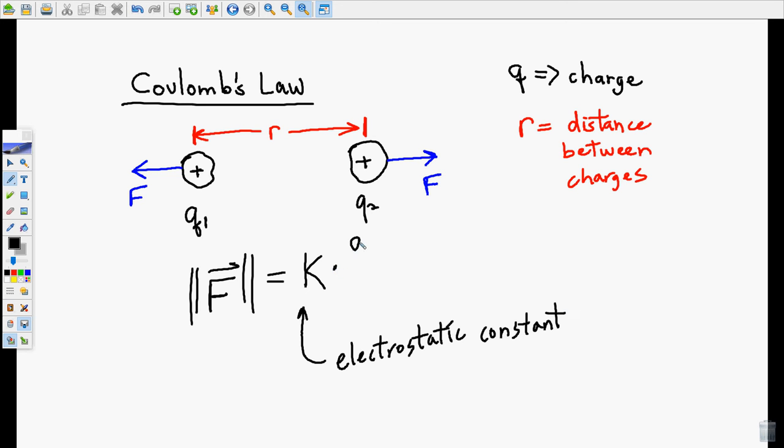Times Q1 times Q2 over the distance between them, R squared.